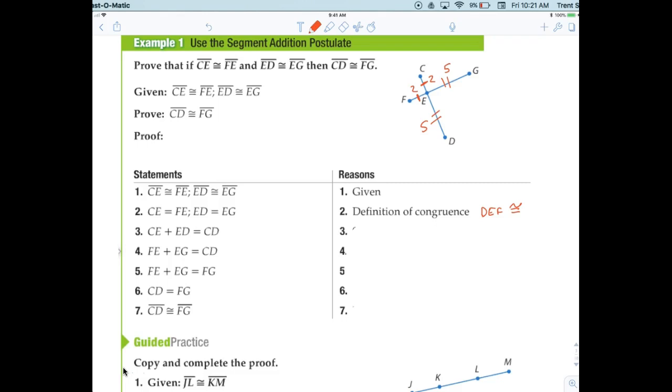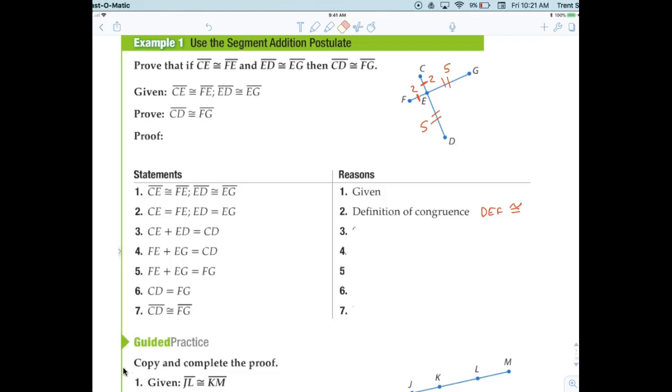CE plus ED equals CD. Why is that? It wasn't the angle addition postulate. Right. Again, the parts are equal to the whole. So again, that's called the what? Segment addition postulate.